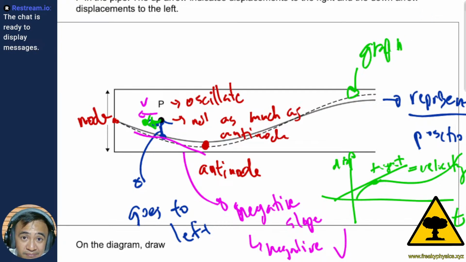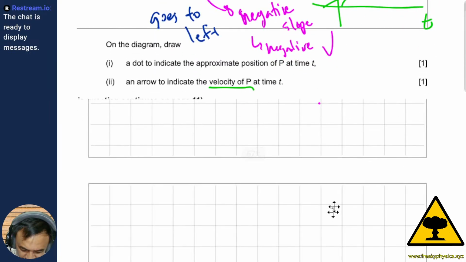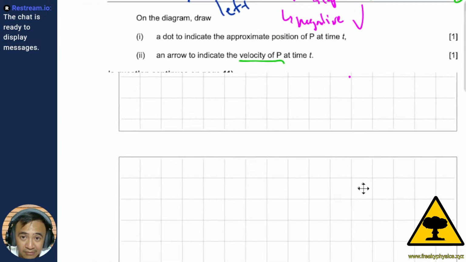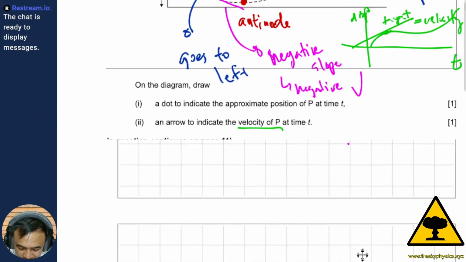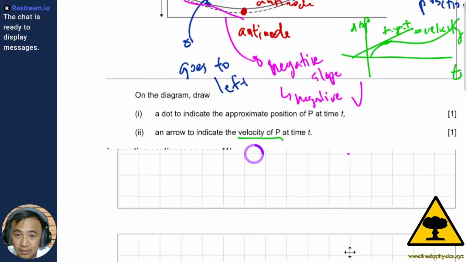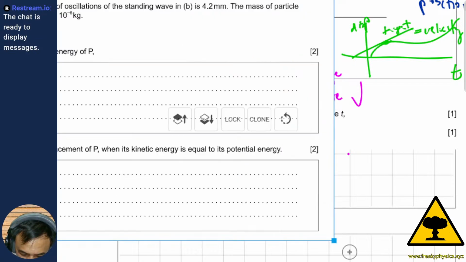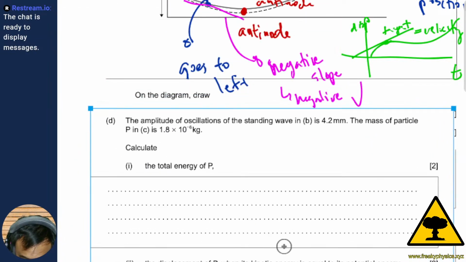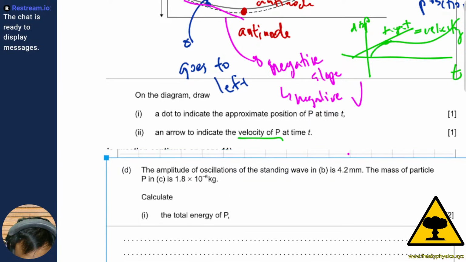The second problem here, part D. Okay, so that's how you do the graph. Now let's look at the problem itself and solve some values. The amplitude is given as 4.2 millimeters, and the mass is 1.8 times 10 to the minus 6 kilograms.